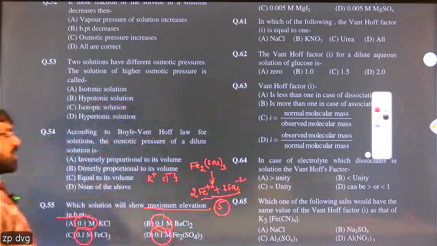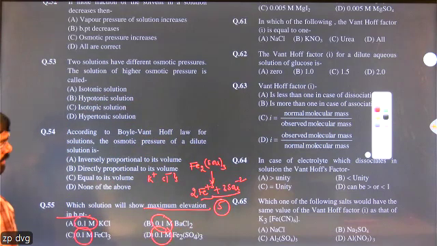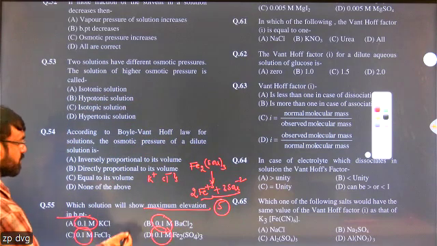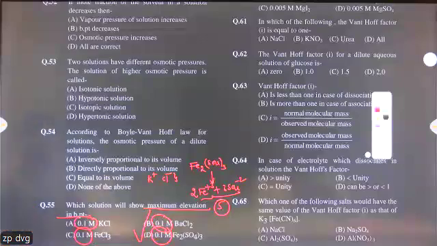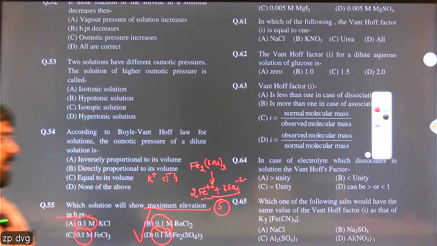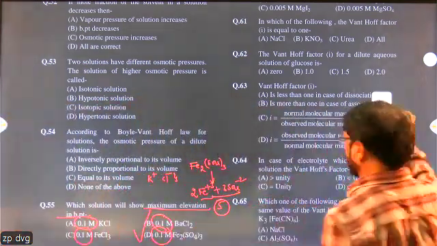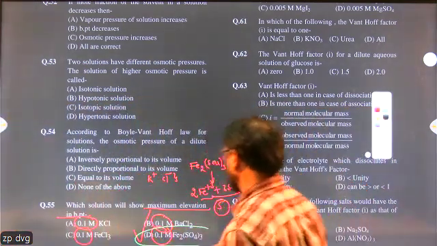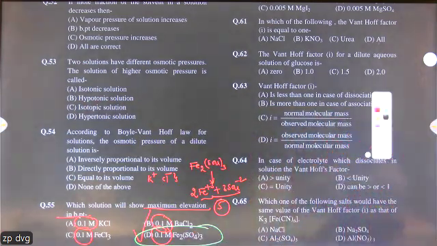So the number of particles is greater. Therefore, option D is the correct answer for question 55, because it has more number of particles.